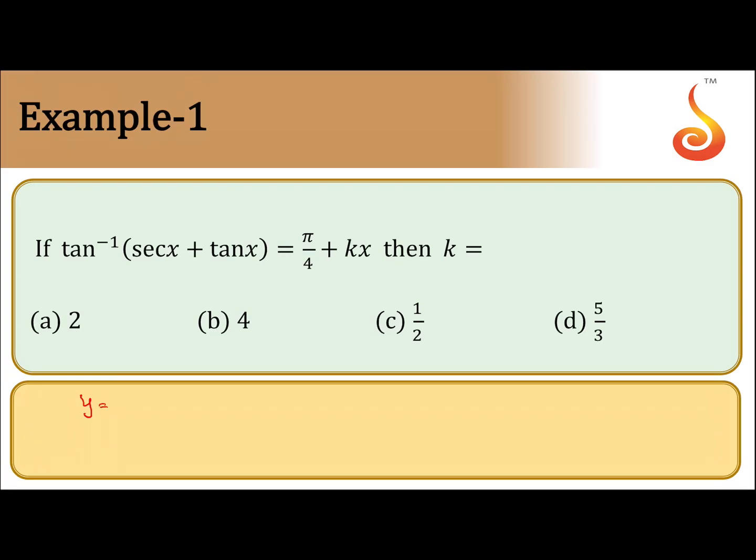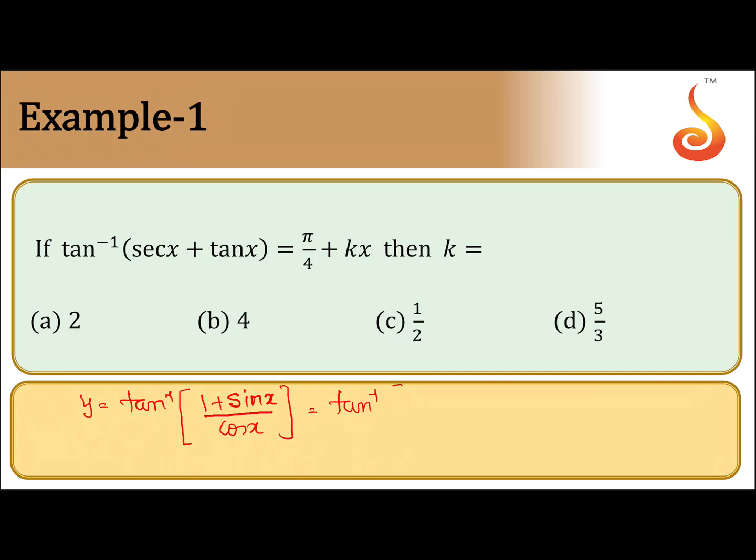y equal to tan inverse, convert into sin and cos. This becomes 1 plus sin x. It's a very important problem, different forms I'll teach you now. So convert into half angle.